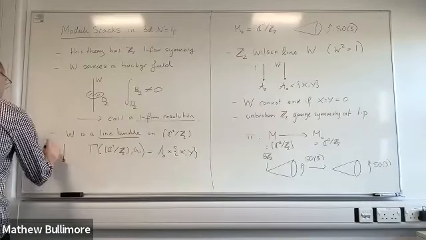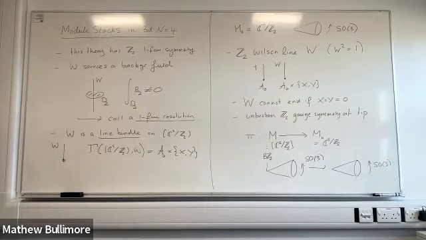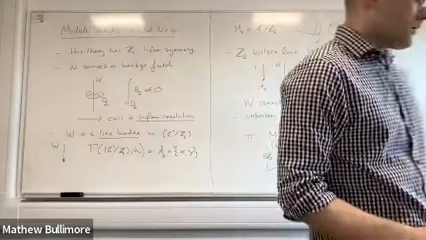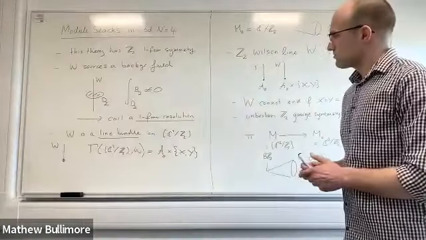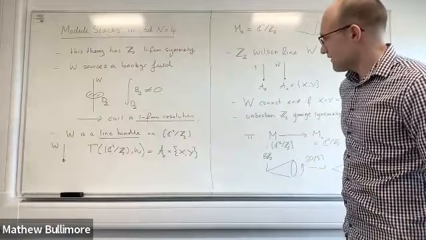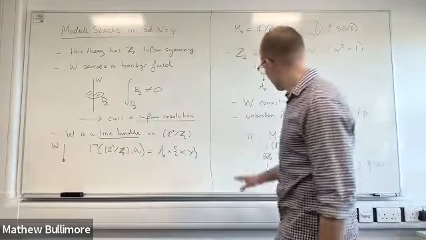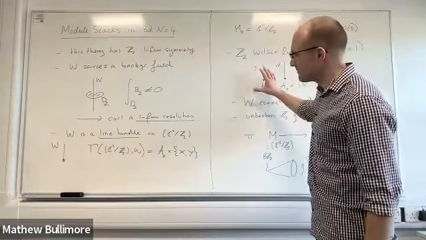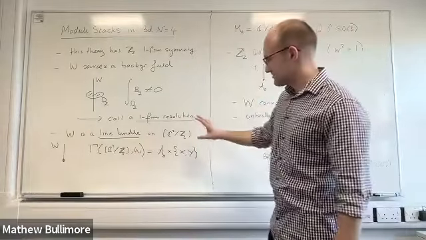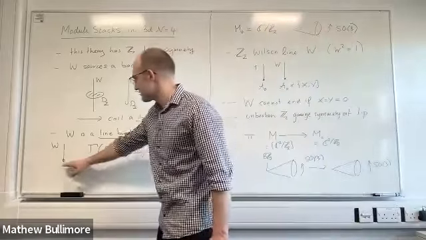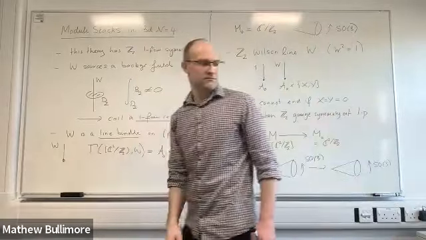These things that sit here. Okay. The basic way that this construction works is it says, find a space such that you can think about W, this Wilson line, as a line bundle on it, and such that sections of that line bundle are precisely the local operators that you started with.